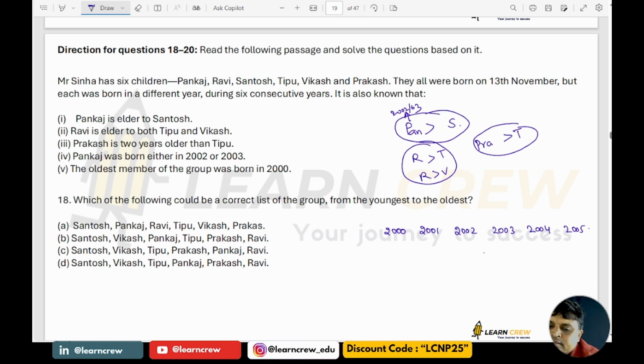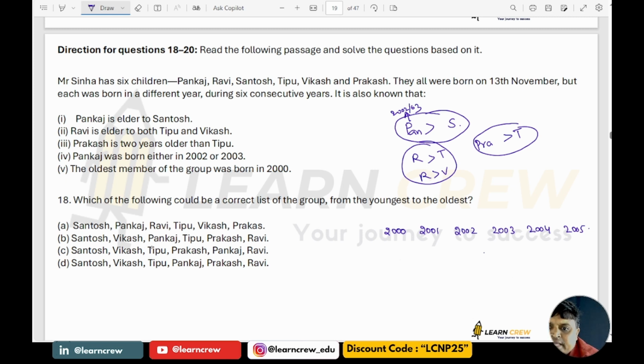Here, it's a kind of difficult arrangement. So using the second statement, Ravi is elder to both Tipu and Vikash.